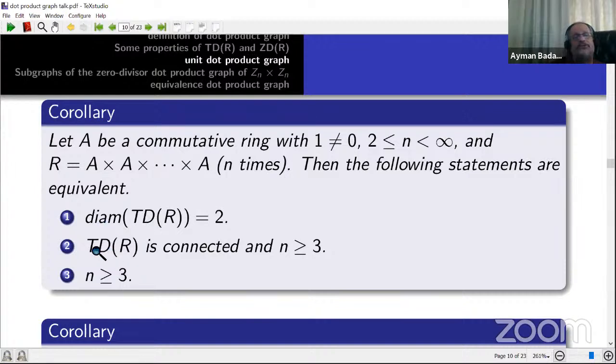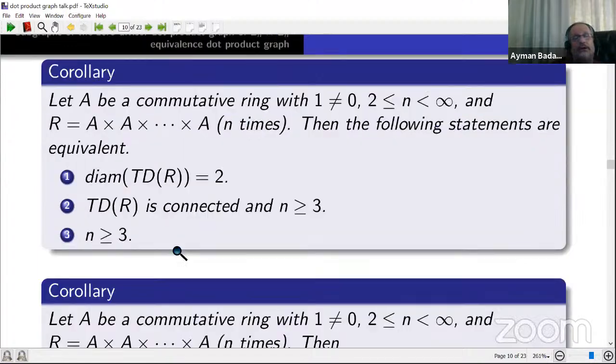If you tell me the total dot product graph is connected and n is bigger or equal to 3, then I can tell you that the diameter of the total dot product is 2. If you tell me the diameter is 2, I tell you n has to be bigger or equal to 3. Okay.